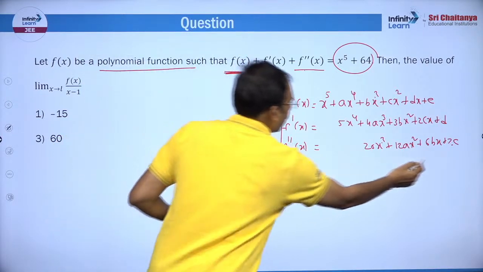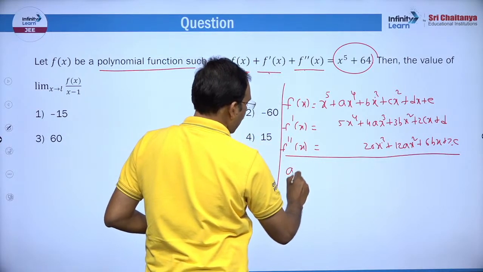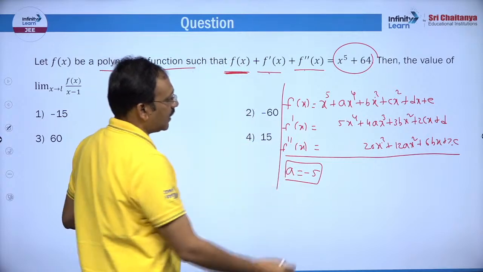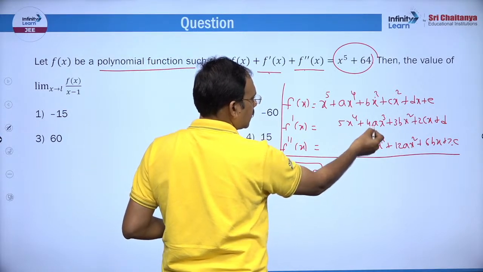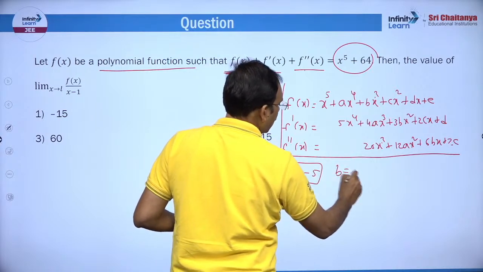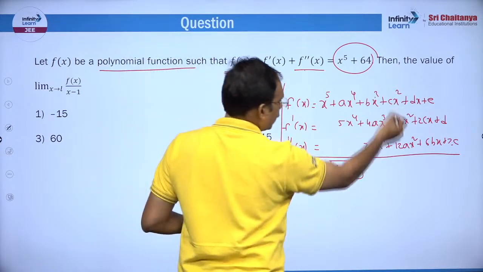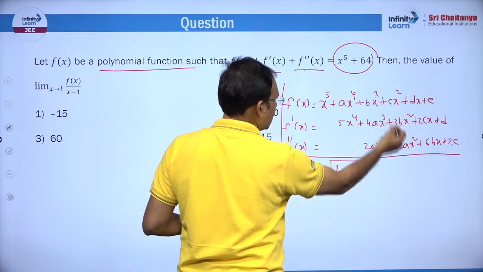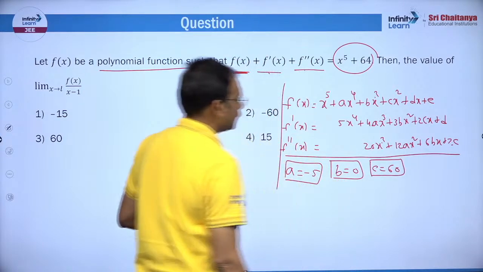You see, the x power 4 coefficient must be cancelled, so a value must be minus 5, first point. Then x cube can be cancelled: a is minus 5 means minus 20 plus 20 got cancelled, b must be 0, friends.